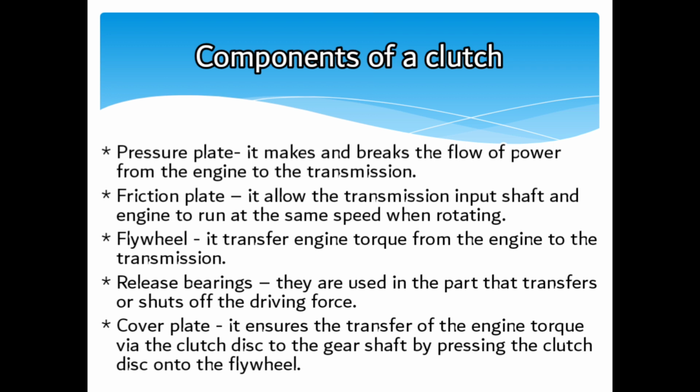A friction clutch plate is used in a vehicle to allow the transmission input shaft and engine to run at the same speed when rotating. The friction that is created between the engine and the transmission is what provides the force required to move the vehicle.